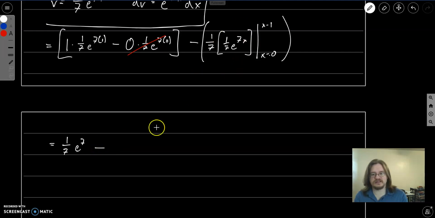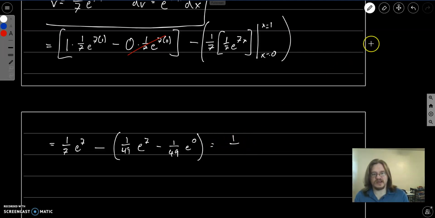And we're going to subtract this guy. So we'll plug in a 1 into there. So 1/7 times 1/7 is 1/49 e to the 7th. And then we'll subtract when we plug in a 0. Minus 1/49 e to the 7 times 0 power, but that's just 0.